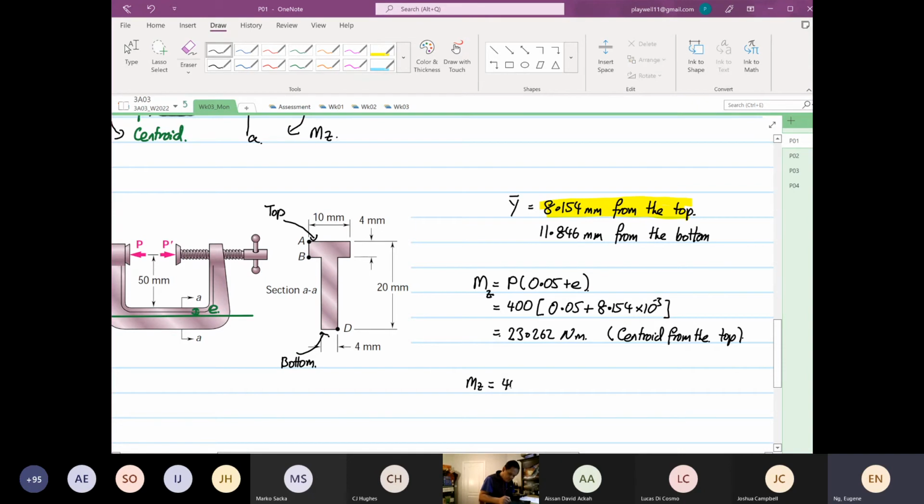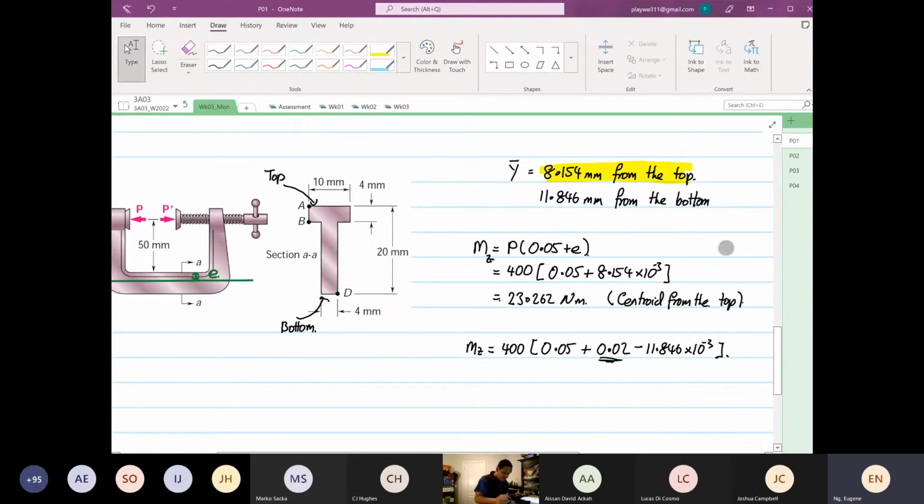But look at this, it's going to be 400 multiplied by 0.05 plus 0.02, and then you have to minus 11.846 times 10 to the power minus 3. Can you see that you have an extra step? And if you forget the extra step, you are game over.